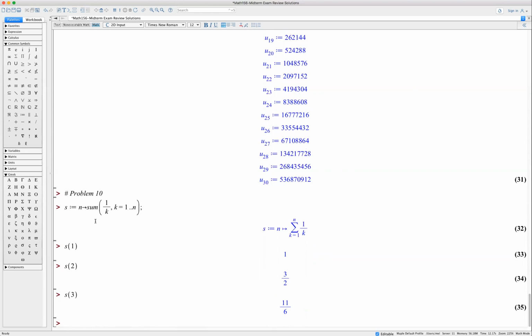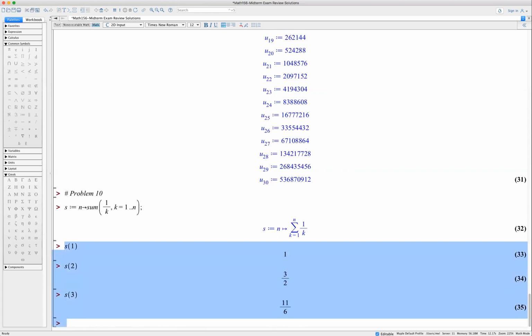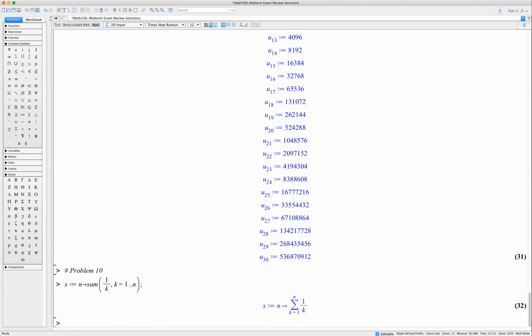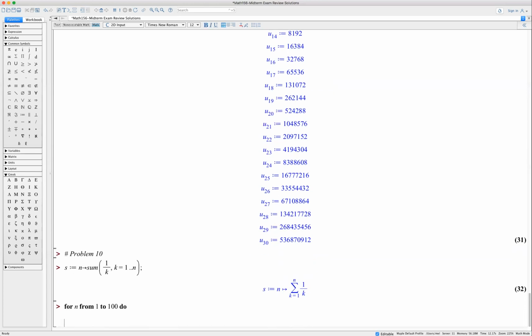So I could do something like the following. For n from, let's say, 1 to 100 do, if s of n is greater than 10, then print n and s of n.